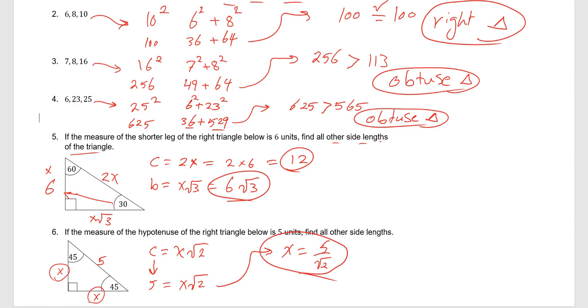Of course, we can rationalize this if we wanted: multiply by square root of 2, multiply by square root of 2. So you get square root of 2 times square root of 2 is 2, and then 5 square root of 2 on top.